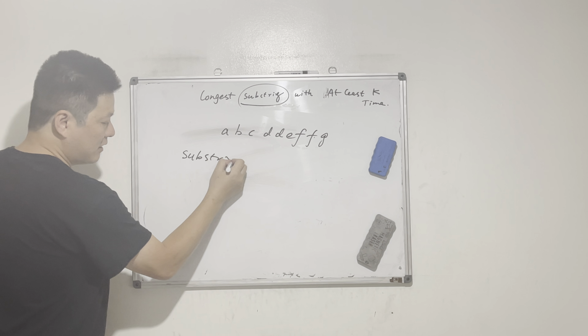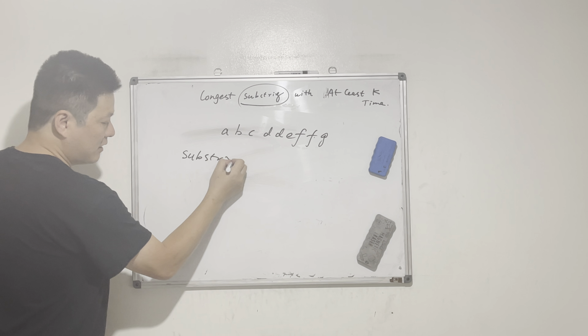So we can divide the string into two parts here, because there's another a here and another a here. As I said, a cannot be included in the final string, because it appears fewer than k times.